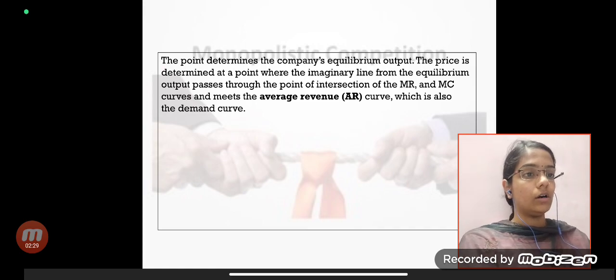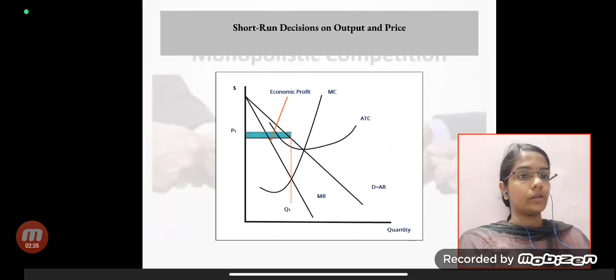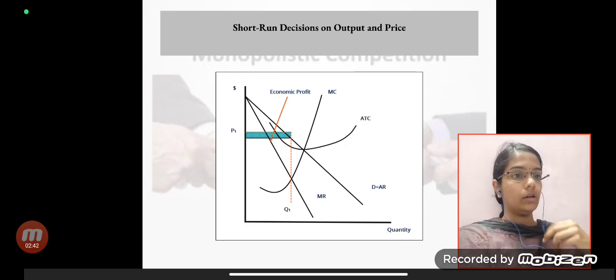That is, total profit is represented by the cyan colored rectangle. It is determined by the equilibrium output multiplied by the difference between AR and the average total cost, and AR has been compared here.